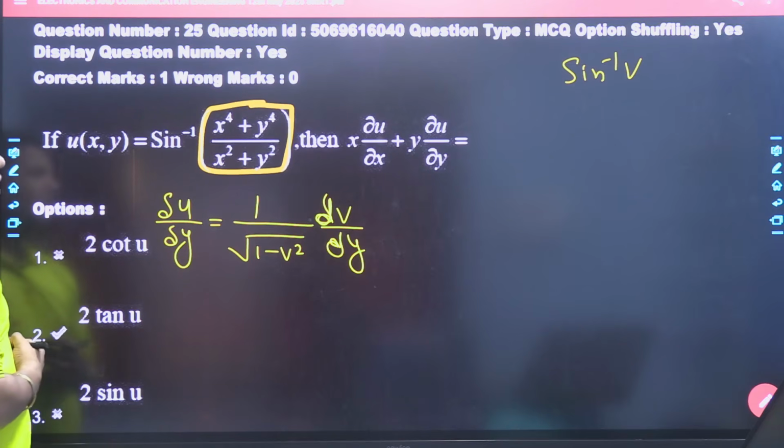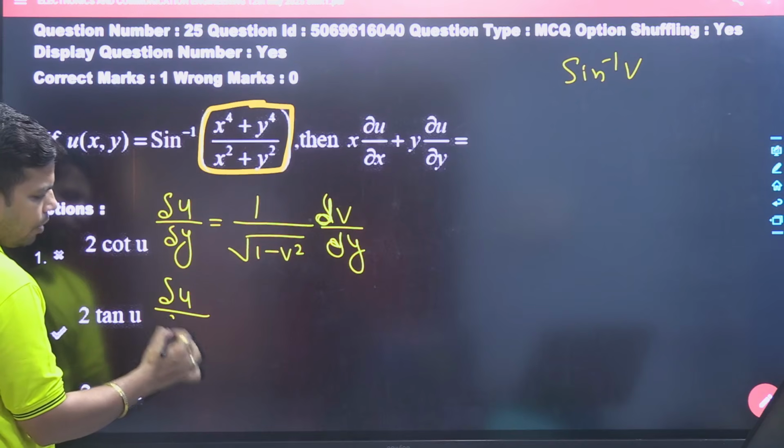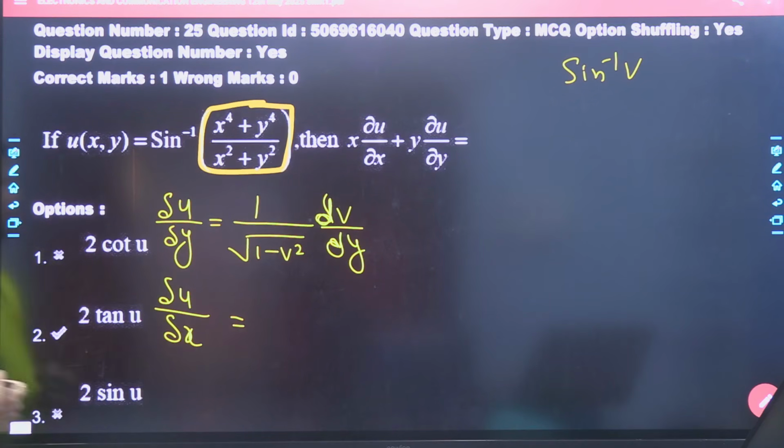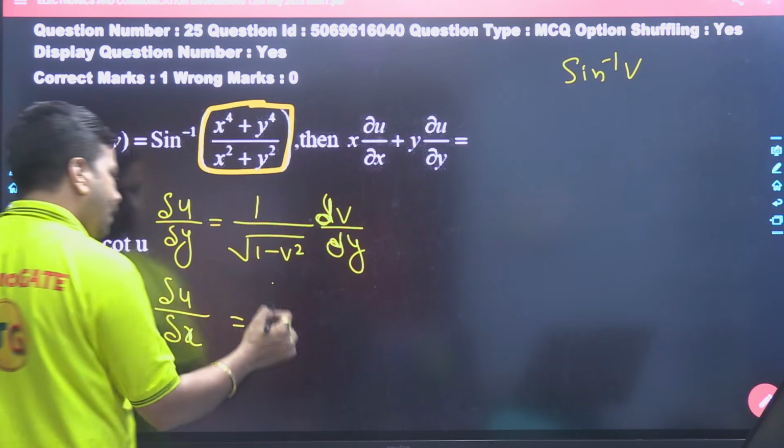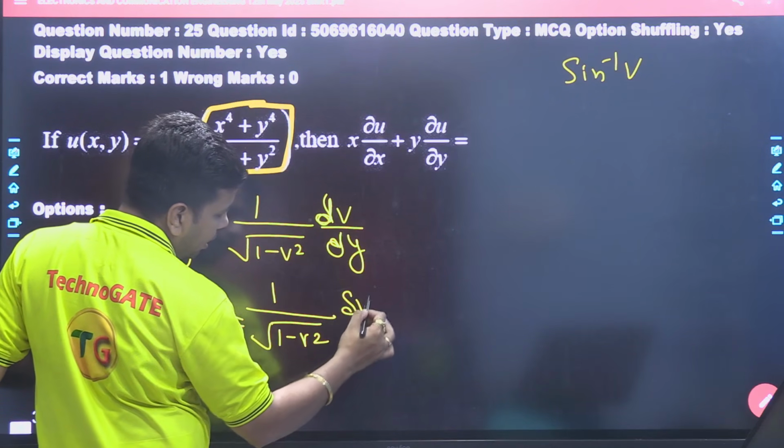Okay, and when you take the differentiation with respect to x, it's simply 1 by square root of 1 minus v square times del v by del x.